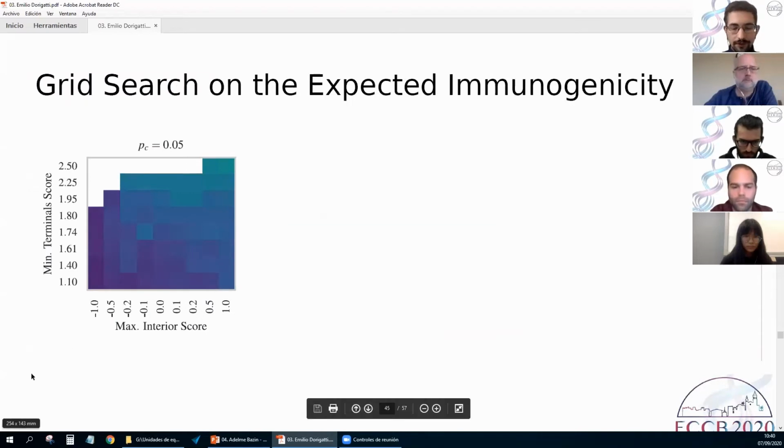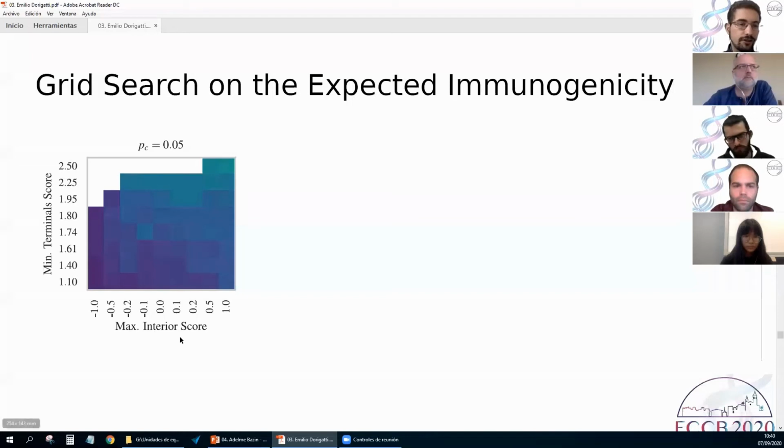So this expected immunogenicity and the cleavage simulations are computed only after the linear program is solved. And so if we want to maximize this, we need an outer optimization loop, for example, a grid search. So in this case, we are running a grid search, changing the maximum score we allow inside the epitopes and the minimum score we want at the terminals. And for each combination, we compute the expected immunogenicity.